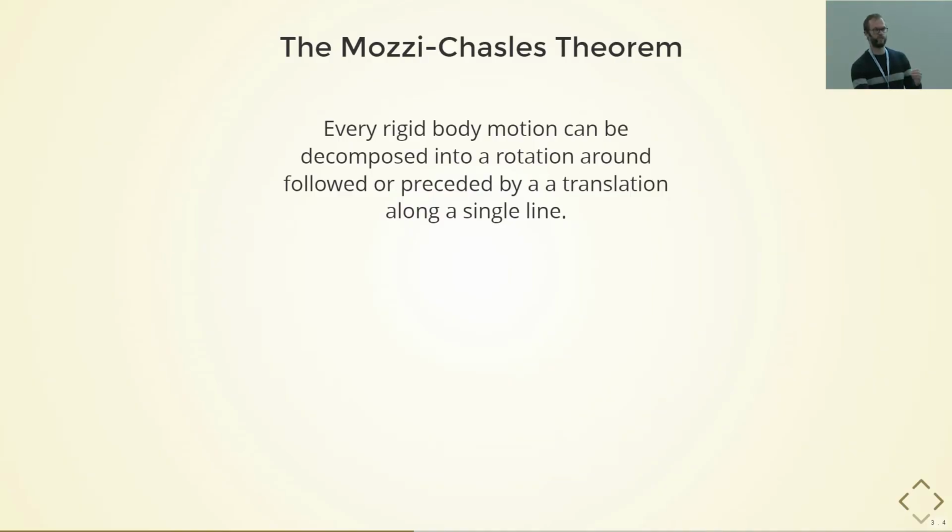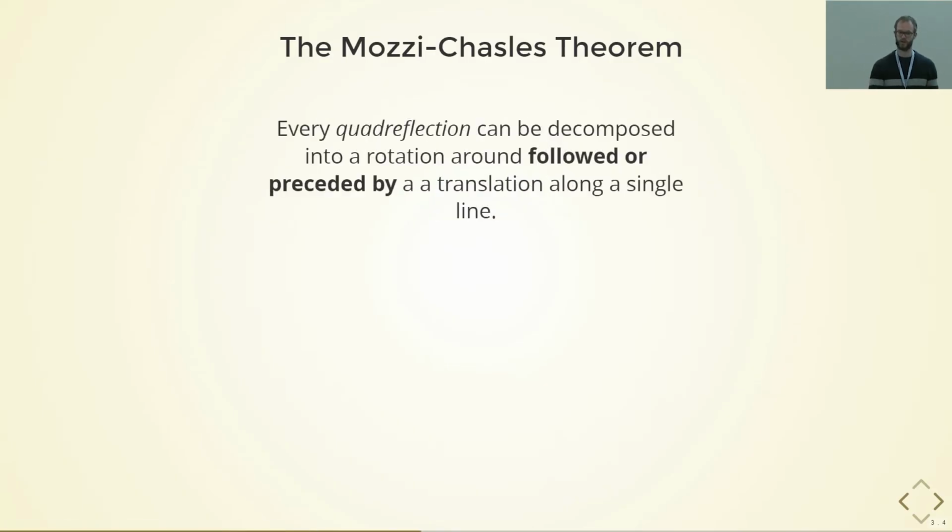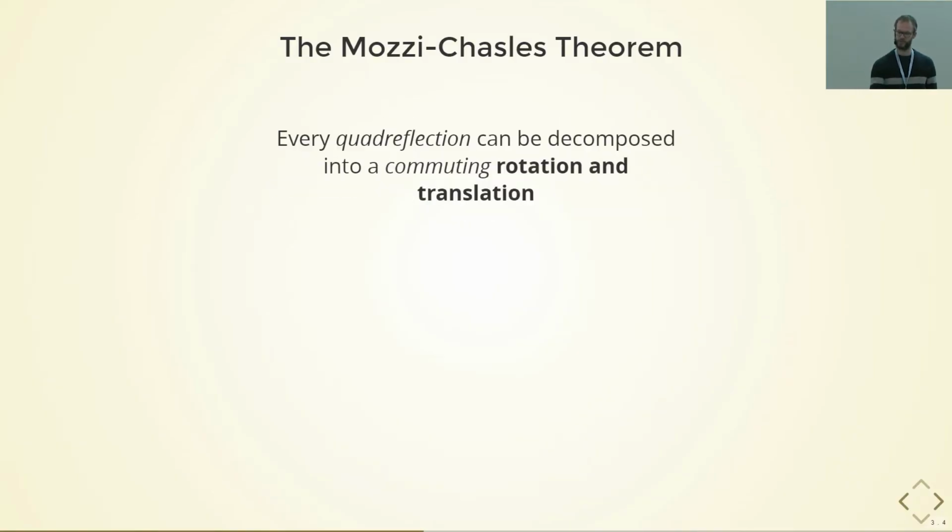And now I want to make this sentence a bit more rigorous and a bit more general to see what's really going on here. A rigid body motion, we now have a new term for that. We would call that a quadreflection, the product of 4 reflections. Followed or preceded, we also have a word for that. That means commuting, right? The order doesn't matter.